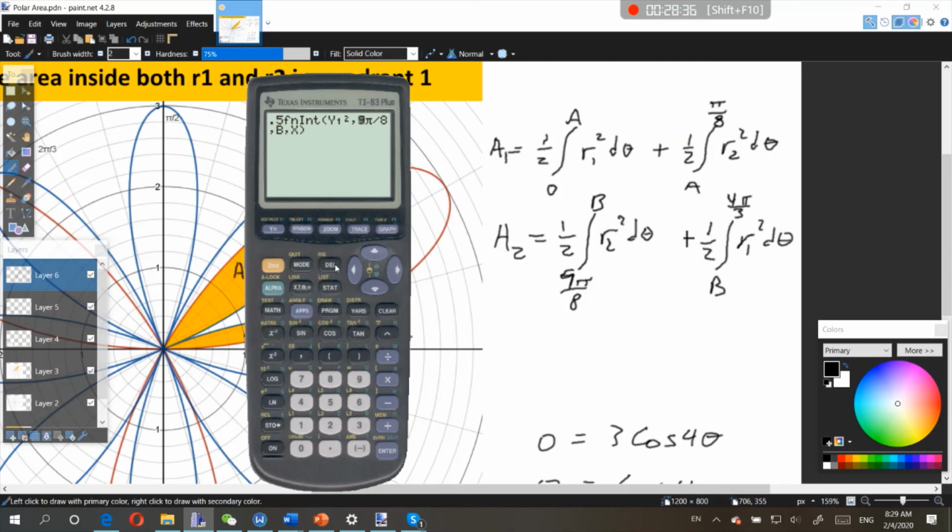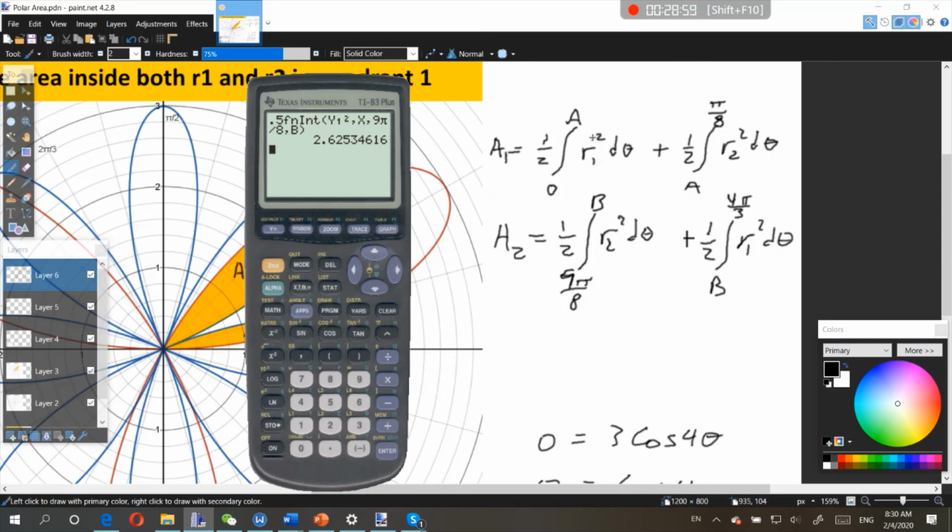Got my order wrong here, I think. Not used to the 83s anymore. Alright, there we go. For our older calculators, that's equation, variable, lower bound, upper bound.